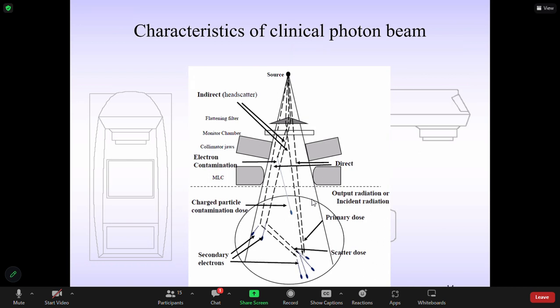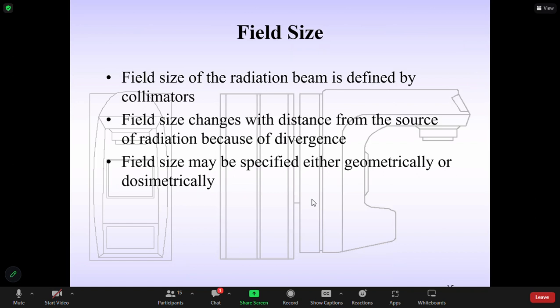So the field size, you choose it to basically cover the area plus a margin to account for scattering. And you could refer to field size in terms of geometric field size or dosimetric field size.